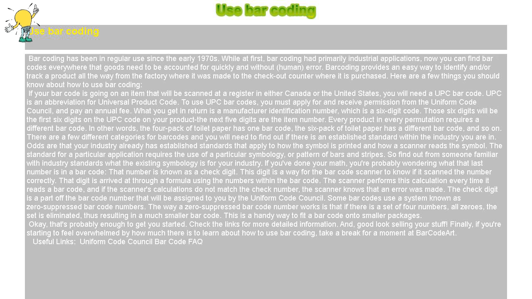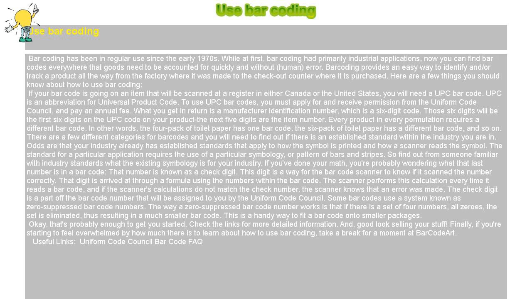There are a few different categories for barcodes, and you will need to find out if there is an established standard within the industry you are in. Odds are that your industry already has established standards that apply to how the symbol is printed and how a scanner reads the symbol.